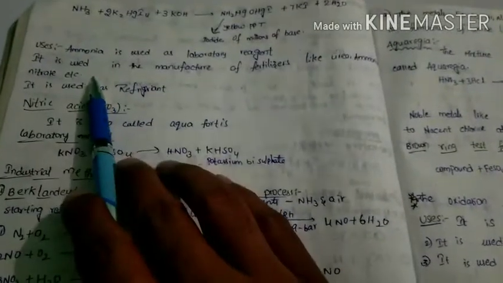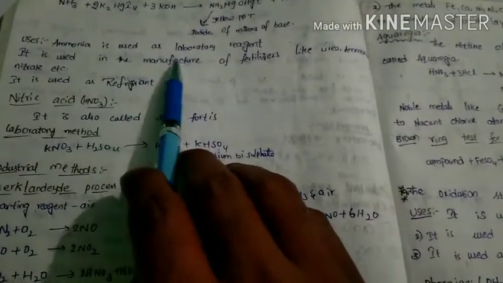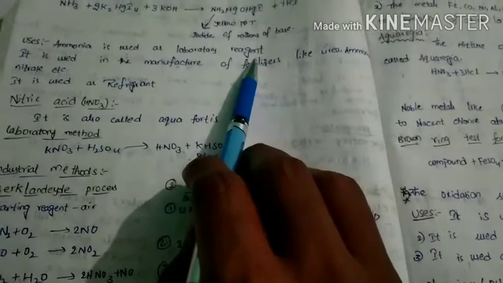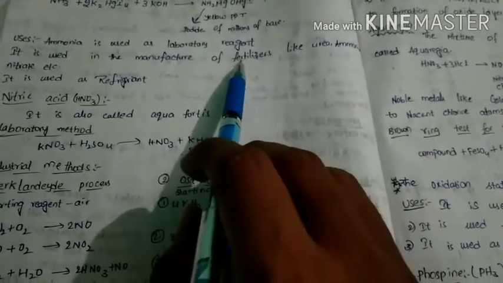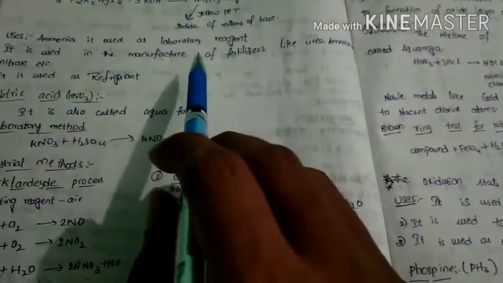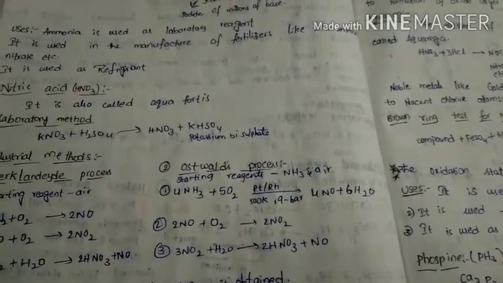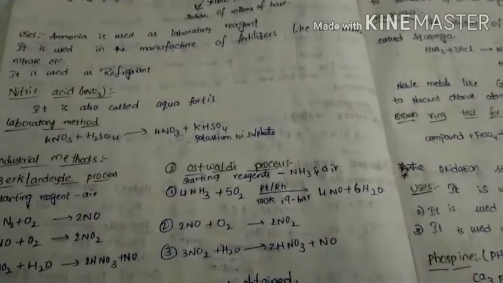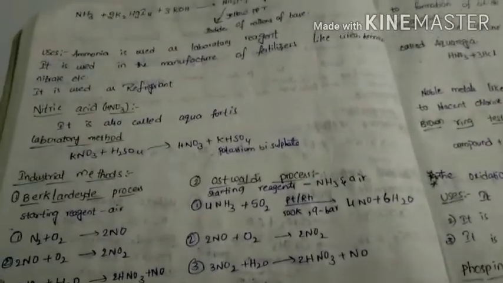Next, uses of ammonia. Ammonia is used as a laboratory reagent. That means by using ammonia we can make some other compounds.